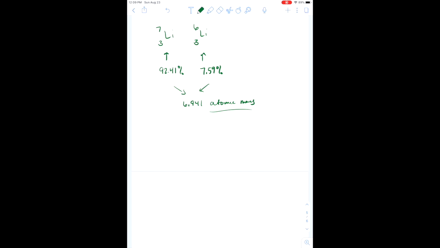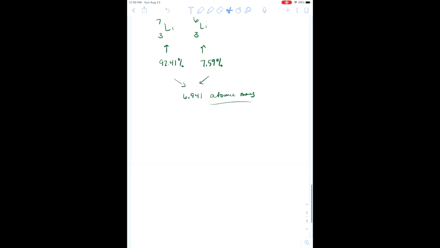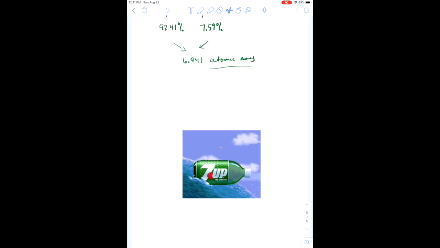So the reason why this one is really cool, I guess it's more of a side note than anything, just to draw you into the world of chemistry. I wanted to bring up lithium because it was actually in 7-Up.